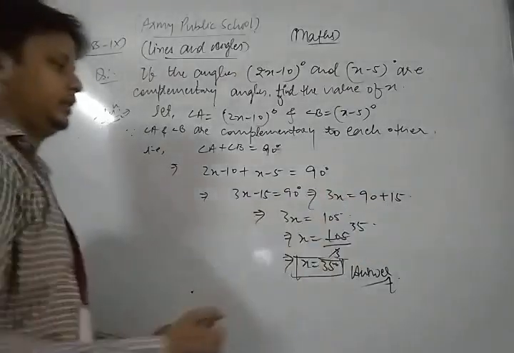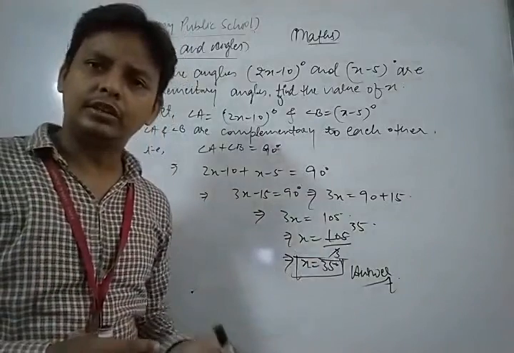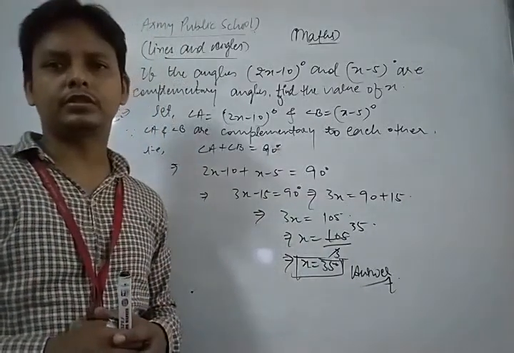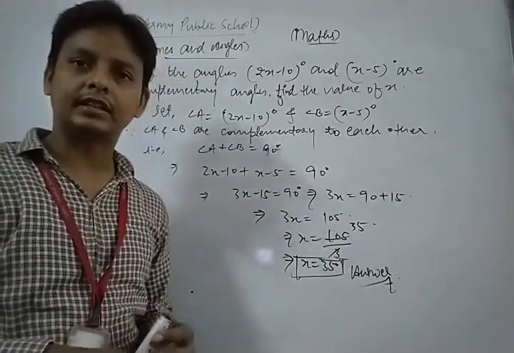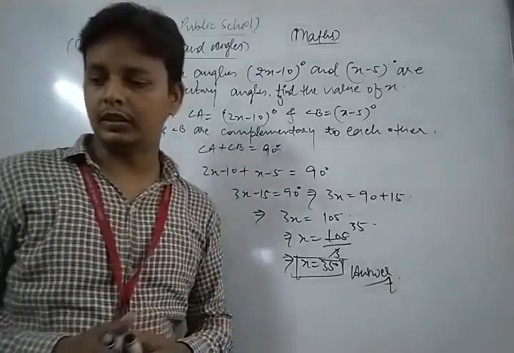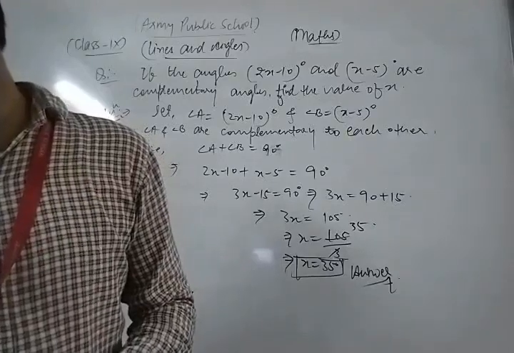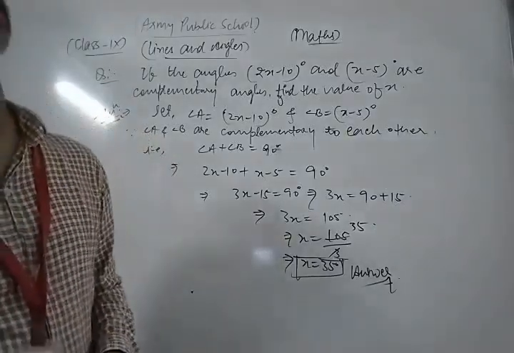Okay, so this is the required solution of the given question. So in this way, dear students, you can solve each and every question of your NCERT exercise based on complementary and supplementary angle. Now we take and solve some other important questions based on these topics.